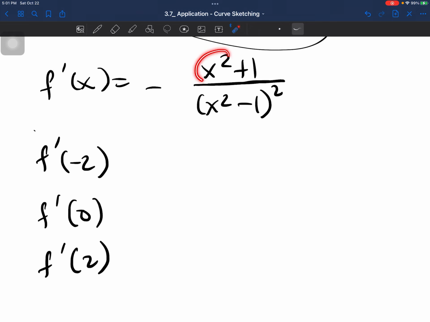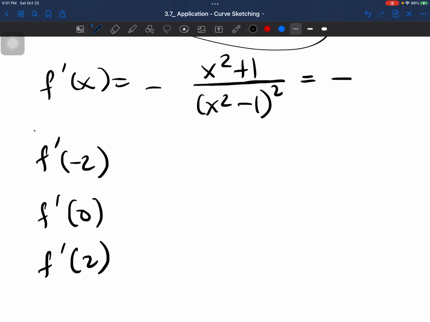But here's a trick, a technique. If we look at what we have, we don't need to do too much work, because we already established that these are positive numbers, because you have a positive number added to a positive number, ignoring this for a second. And then we know that the bottom part is also going to be positive, because this could be a negative or a positive, but when you square it, it turns everything positive. So you have a positive over a positive, which gives you a positive number.